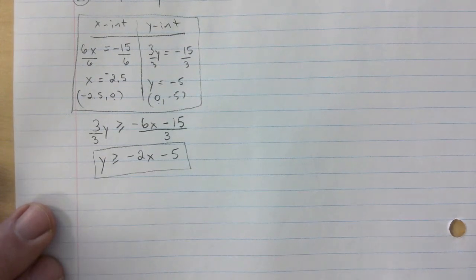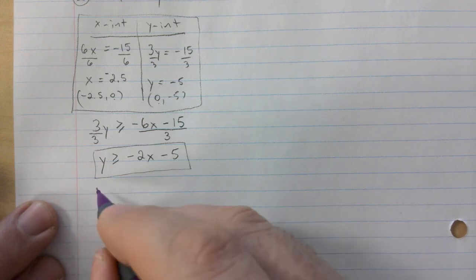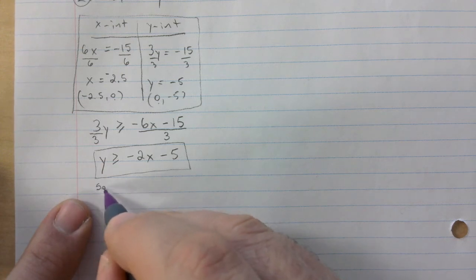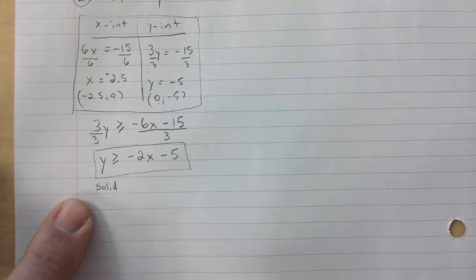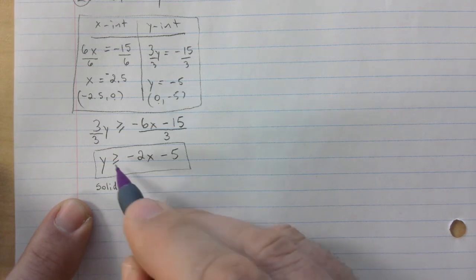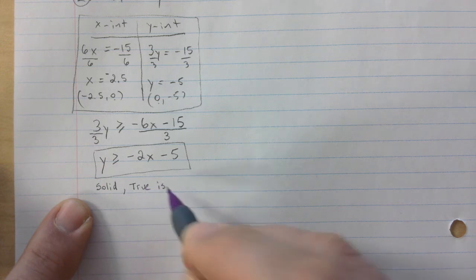And here I'm going to ask you to do this as well. We will say the line will be solid, and we will say that true is above.